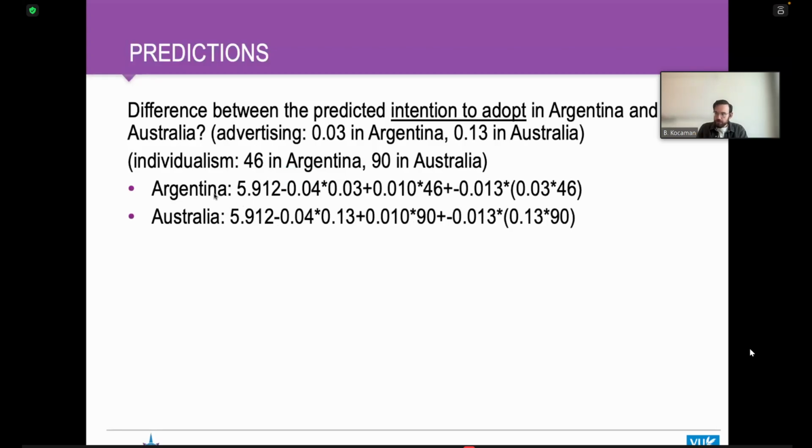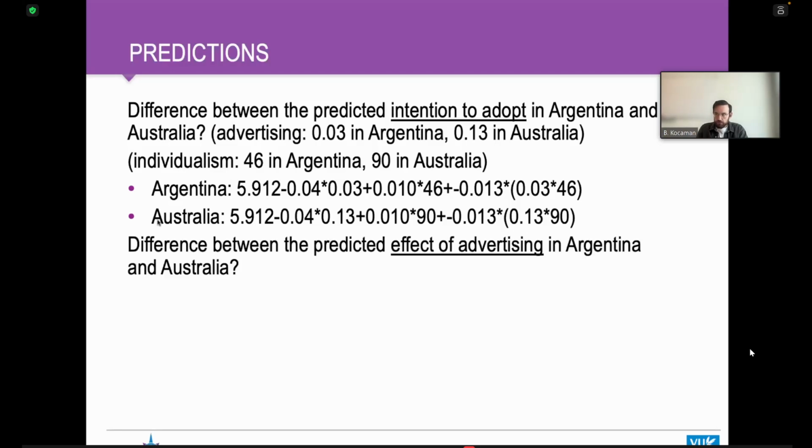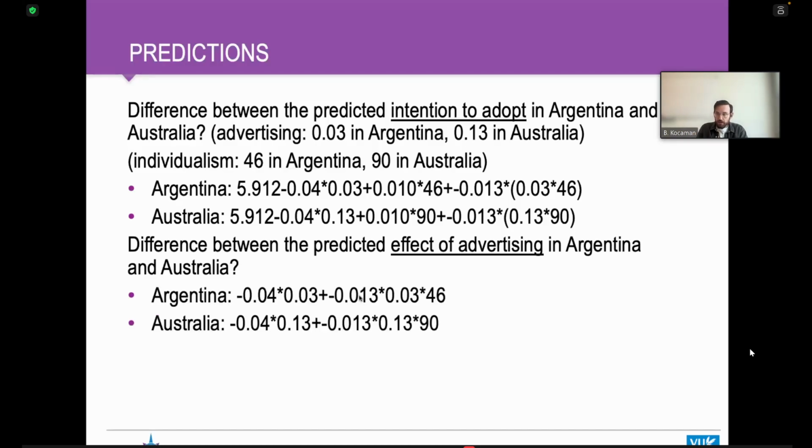Okay. So this is, again, making two predictions, and then you will take a difference between the two. So there's nothing, again, super interesting there, I guess. When we talk about the difference between the predicted effect of advertising in Argentina and Australia, then we can look at only the advertising effect.